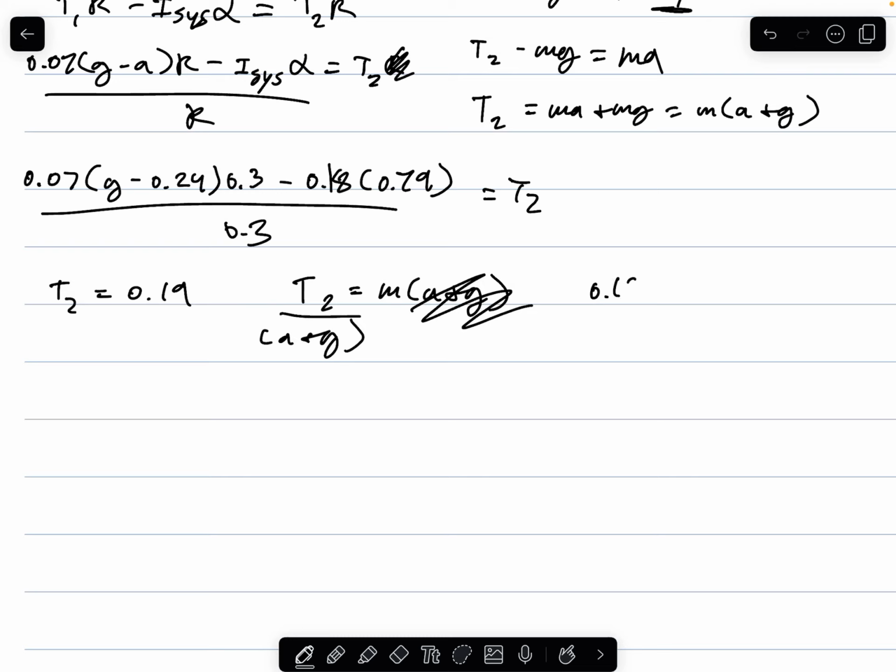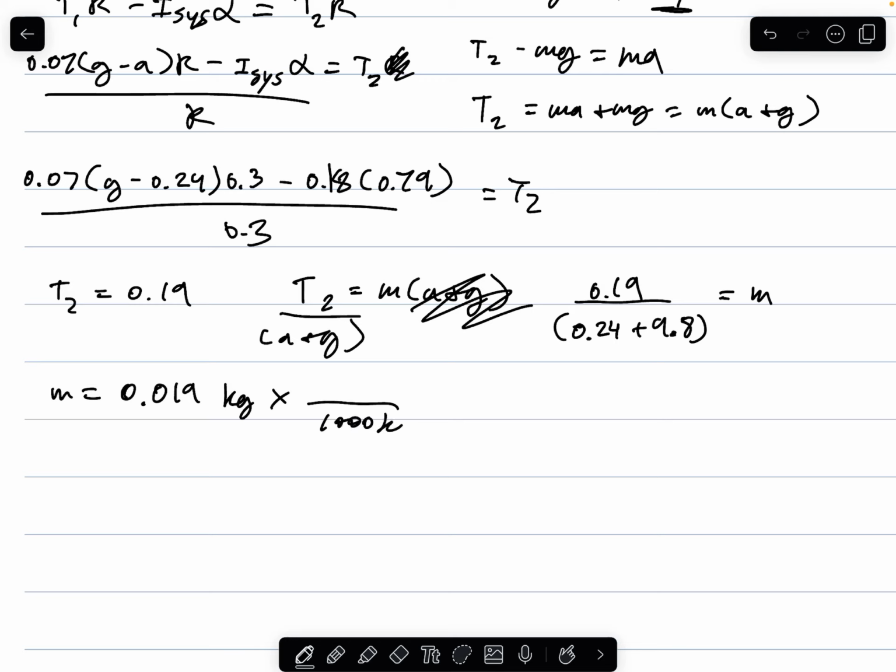So T2 is 0.19, a is 0.24, plus 9.8 to get the mass, and the mass is going to be 0.019 kilograms, but you want this in grams. 1 kilogram is 1,000 grams. So when you do that, you're going to get 19.06 grams, which is the mass of the unknown object.